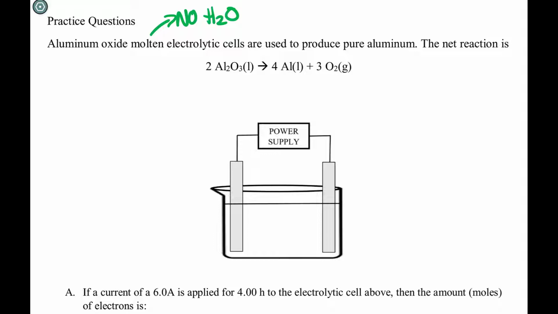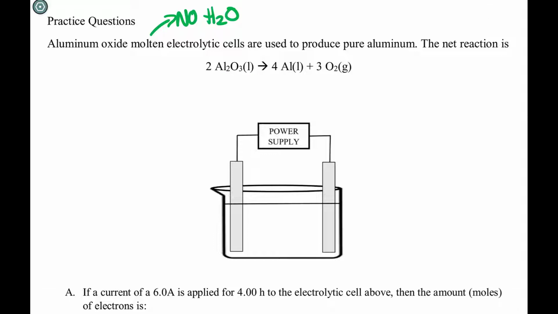But through these, there are massive factories that have gigantic electrolytic cells, like football field size electrolytic cells that produce aluminum in this way. So essentially it is aluminum oxide that has been melted, then a power supply is sent through.